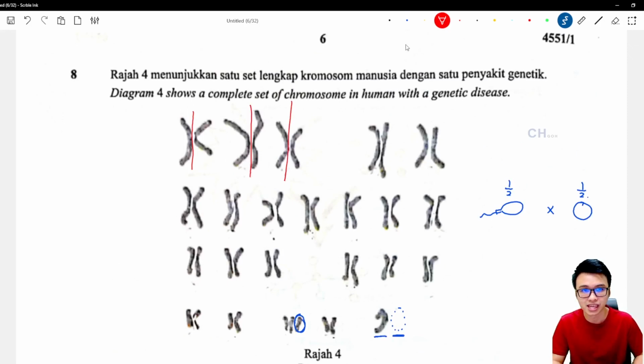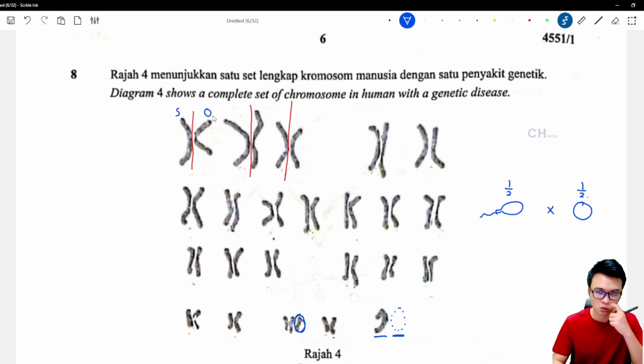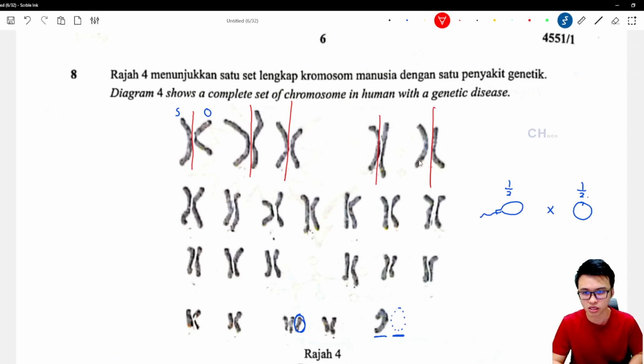Let's pretend the left one is for the sperm and the right one is for the ovum. So one set is coming from the sperm, one set from the ovum. You keep on splitting them into 2. I use a straight line, it's better. Split. I regret, it's quite tiring.